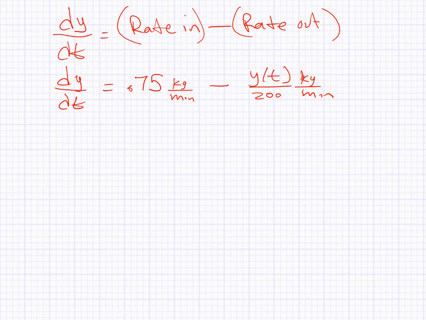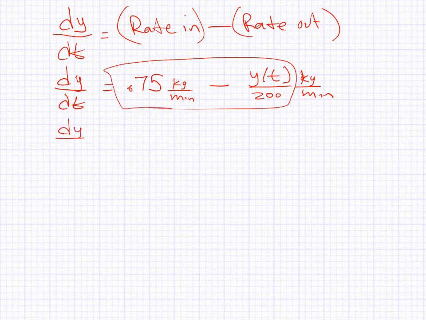And so what you need to notice is that this is actually going to be a separable equation. I can write this as one fraction. So dy dt equals, common denominator is 200, I end up with 150 minus y of t in the top.